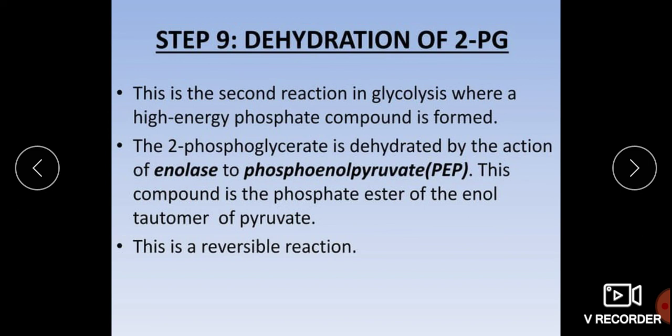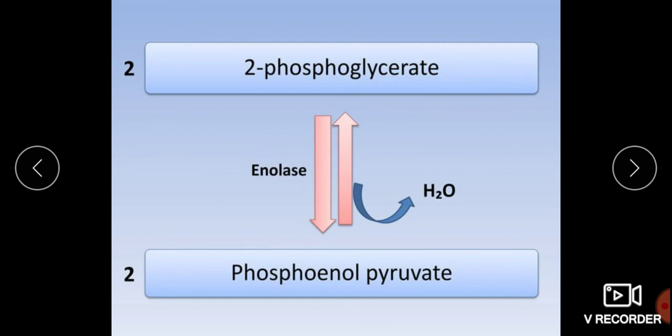This compound is a phosphate ester of an enol, or the enol tautomer of pyruvate, and this conversion is reversible. Two 2-phosphoglycerate get dehydrated to phosphoenol pyruvate. The reaction is catalyzed by enolase. This is a reversible reaction.